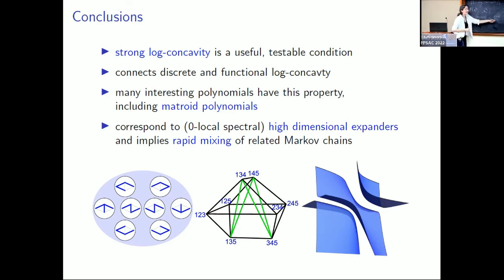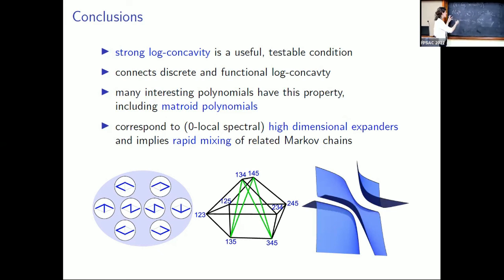Here, this only really makes sense if you restrict to the positive orthant, but this will give you a perfectly well-defined function from R^n_+ to R, in fact R_+ if you start with a polynomial with non-negative coefficients. What you want is that the Hessian of the log of this function is negative semi-definite everywhere on the positive orthant.